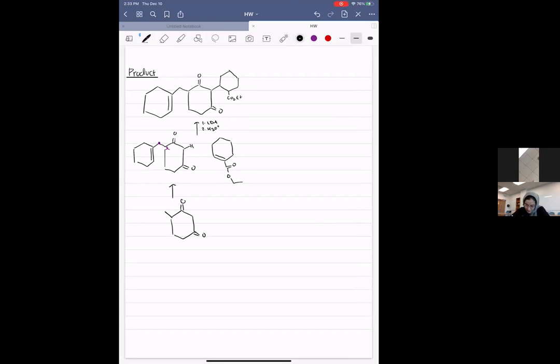So I'm actually going to make this a double bond, just like how I did up here when we used Gilman. And I'm going to attach this as my Gilman reagents.